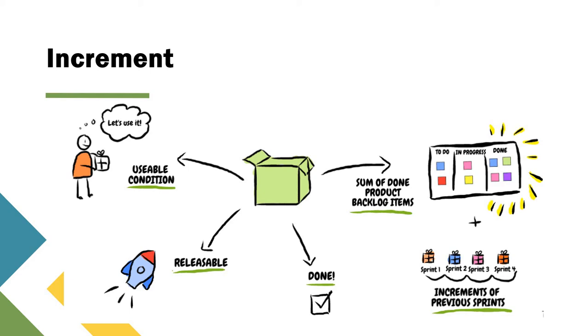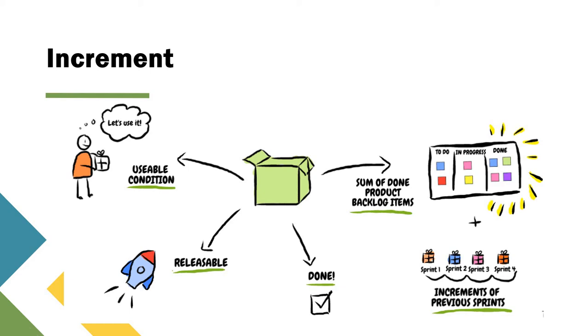So now look into the increment. Increment is the sum of all product backlog items completed during a sprint combined with the increments of all previous sprints. You can see this, it is the combination or the output of all the increments of the previous sprints.